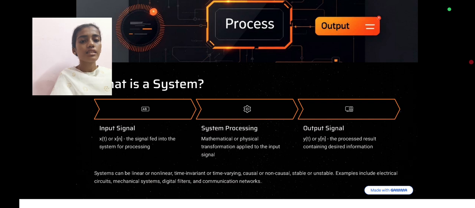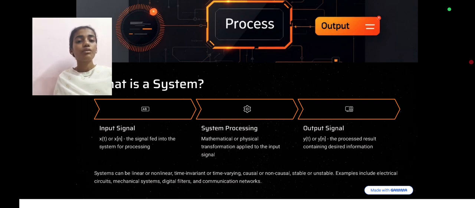What is a system? Input signal, x of t or x of n, is the signal fed into the system for processing. System processing is a mathematical or physical transformation applied to the input signal. Output signal, y of t or y of n, is the processed result containing the desired information.